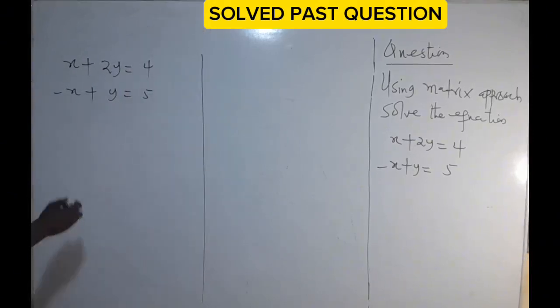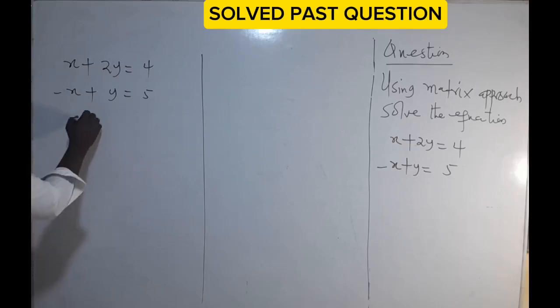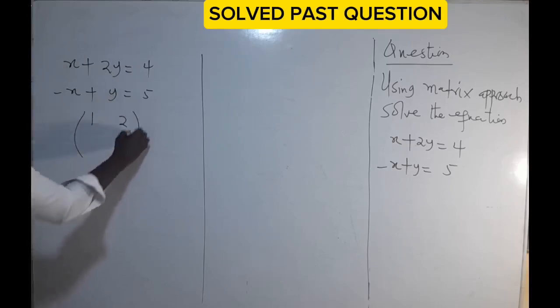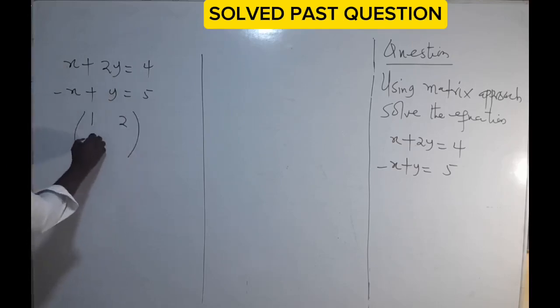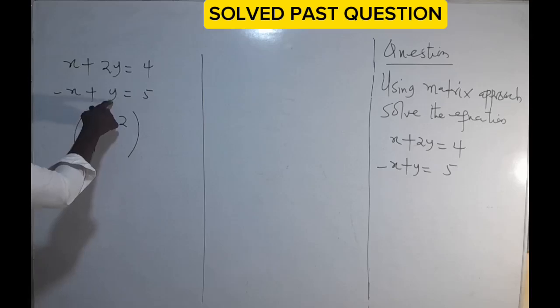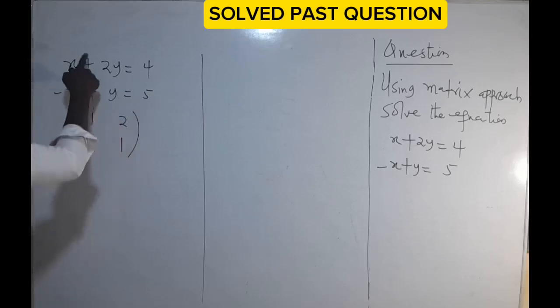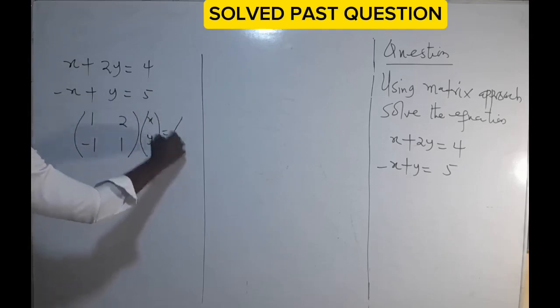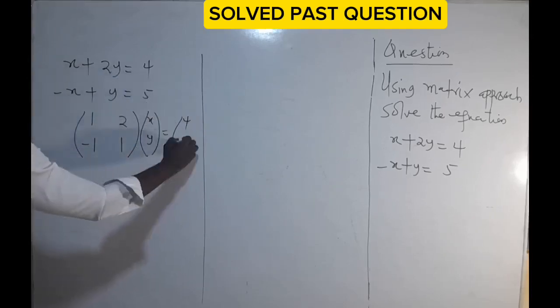Now, look at this. The coefficient of the x term here is 1, that's the first element. The coefficient of the y term here is 2, the second element. The coefficient of the x term here is minus 1, the third element. The coefficient of the y here is 1. Because it's in terms of x and y, this is times x and y, and it will be equal to your constants, 4 here and 5 here.